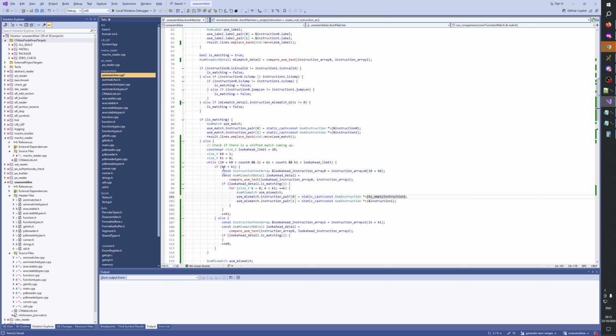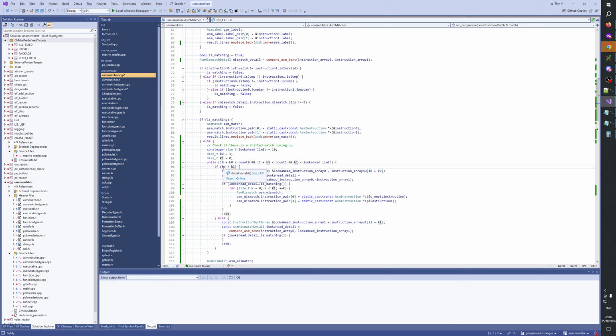Hold on. So K0 is left side, K1 right side.